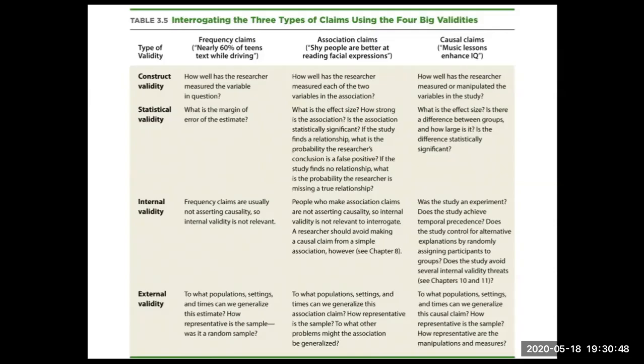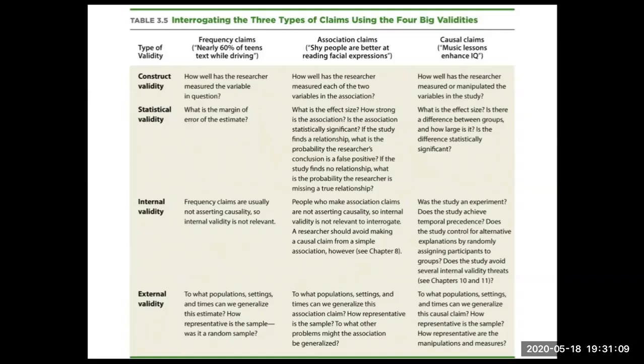External validity, which is what we're sort of concentrating on, asks in all 3, to what population, settings, and times can we generalize this? In frequency claims, again, it is the priority, which are in generalization mode. For correlations and for experiments, it depends. In theory testing mode, we're not concerned with other things.